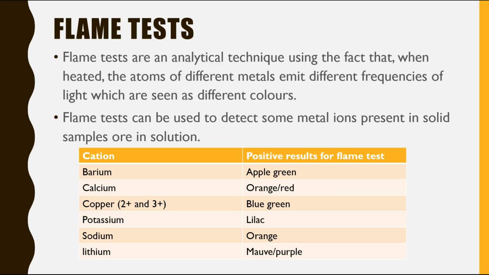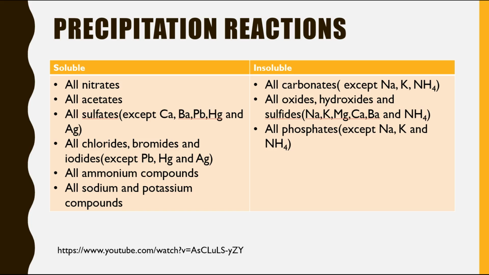We may do that flame test and it may present a couple of ions that we need to investigate further, but it's certainly not conclusive just by the color, as there are many different ions that will present with similar colors.